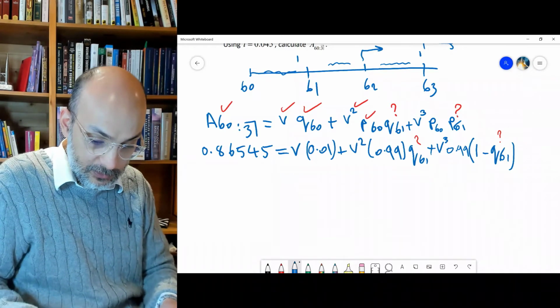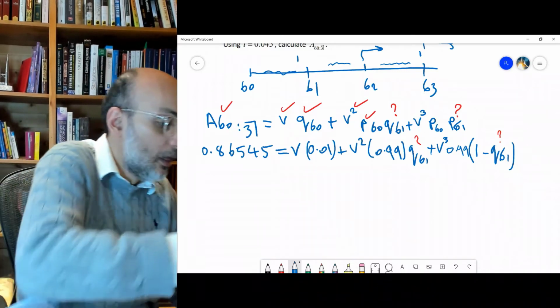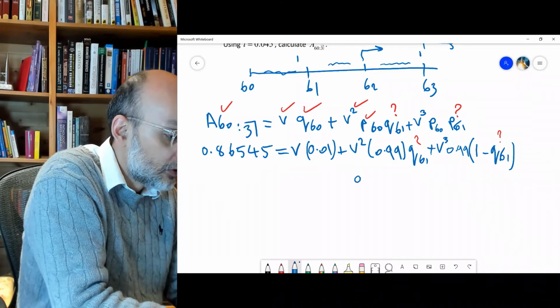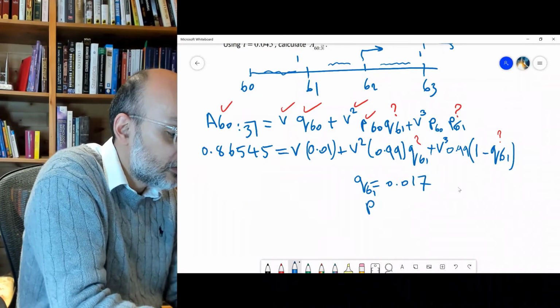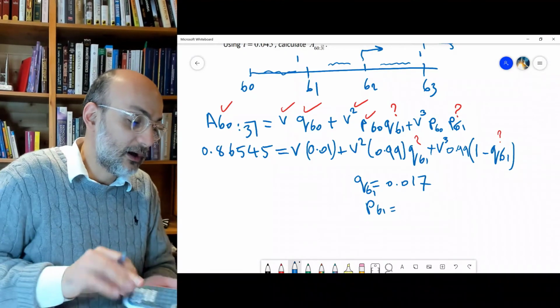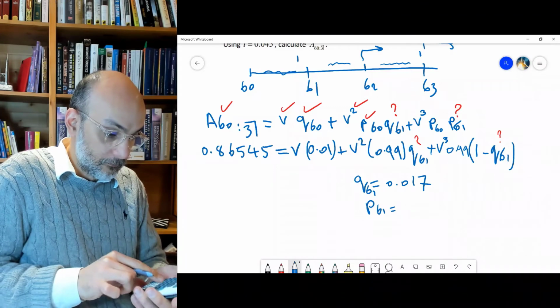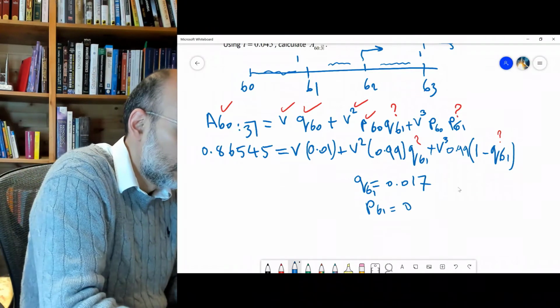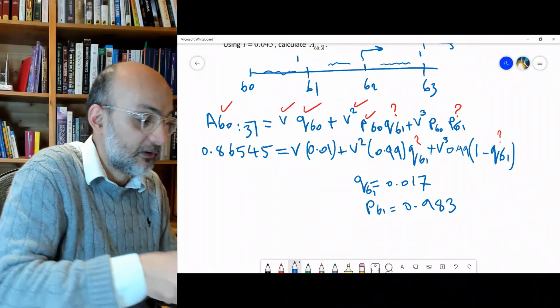Because I did calculate it before and I got Q61. If you solve for this Q61, or P61 will be 1 minus it, which is 980. Once you solve, you plug in your values.